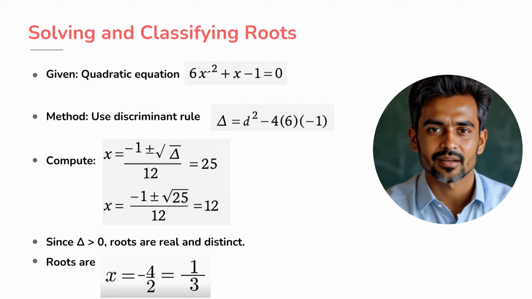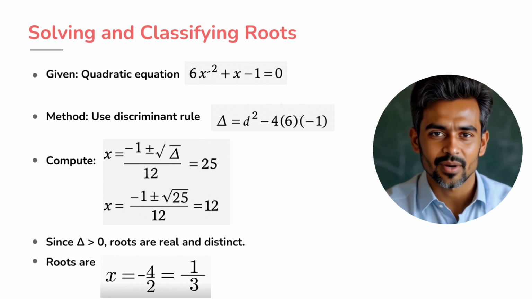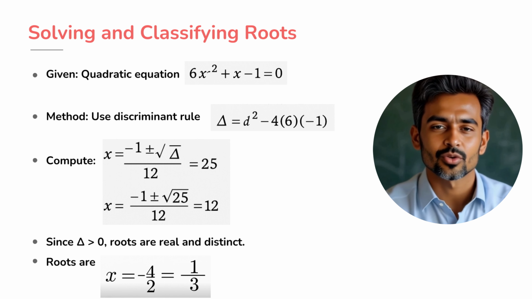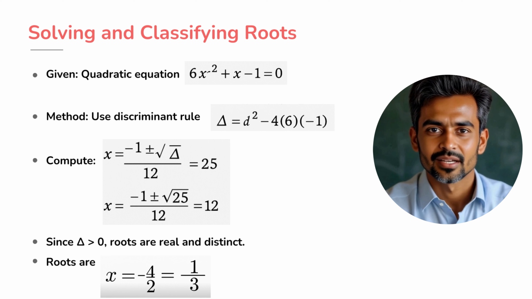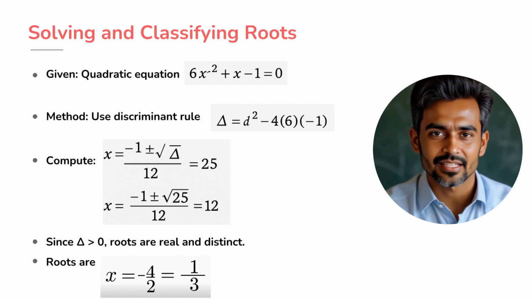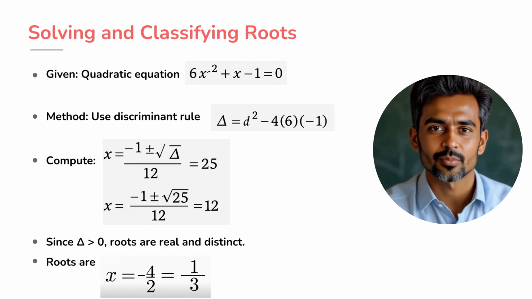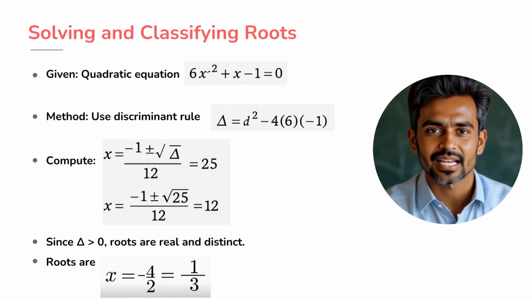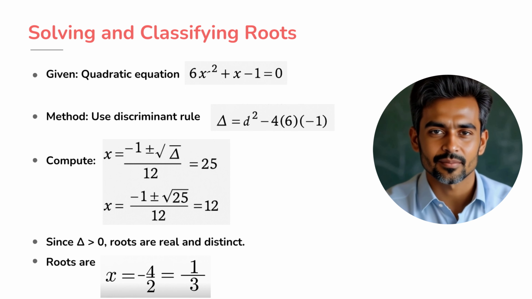Now evaluate the first root. x = (-1 + 5) / 12, that is 4/12 = 1/3. The second root. x = (-1 - 5) / 12, that is -6/12 = -1/2. So, the roots are 1/3 and -1/2.